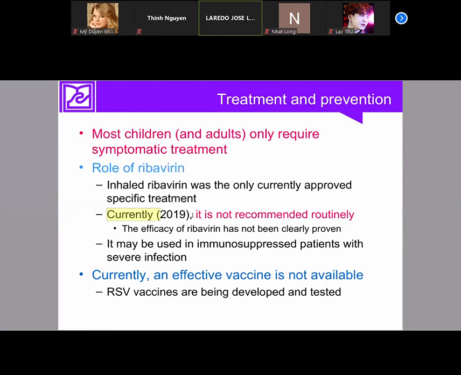But currently, ribavirin is not recommended. Maybe ribavirin may be recommended for immunocompromised people, but the current guidelines say that ribavirin is not recommended. We don't have a vaccine, but research is under development to try to find vaccines.